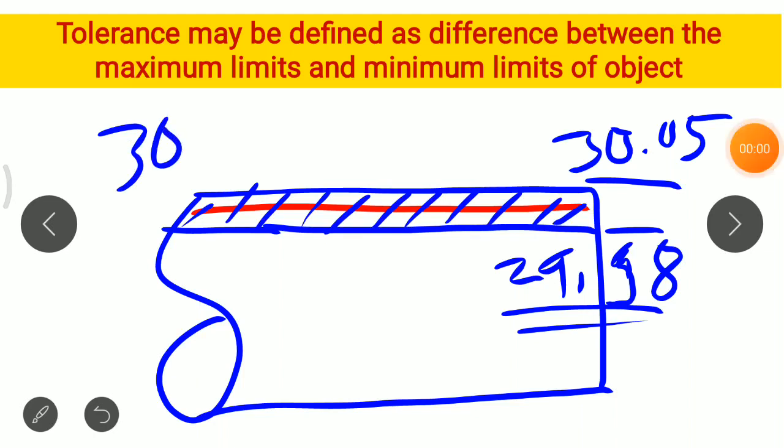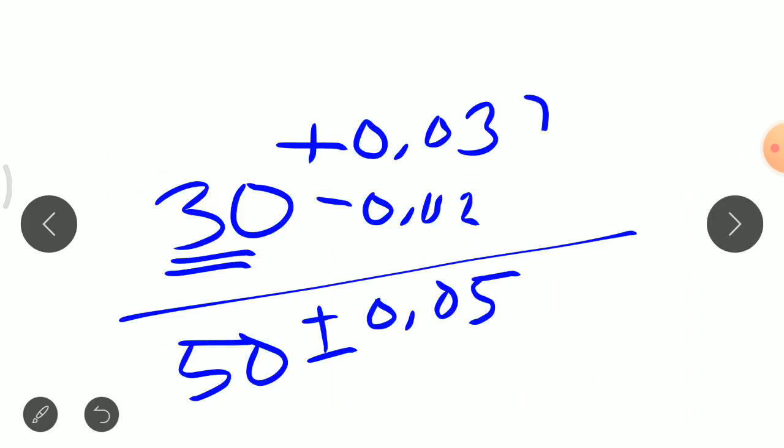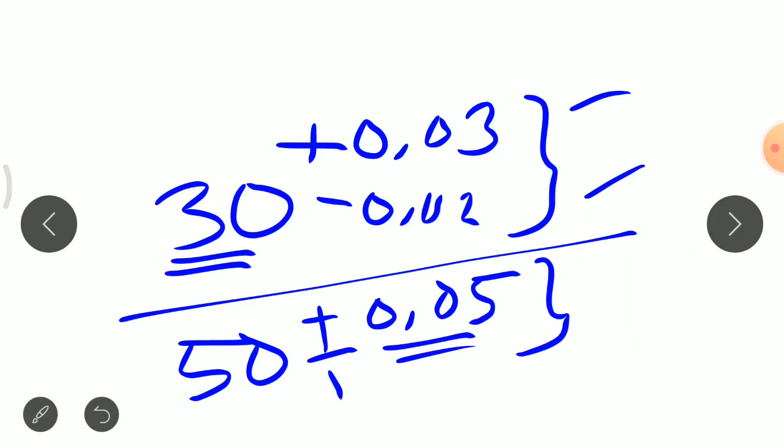Now it is not compulsory that the designer gives us values in both directions, that is, positive and negative dimensions. In the first numerical we had the value 0.05 in both positive and negative dimensions.